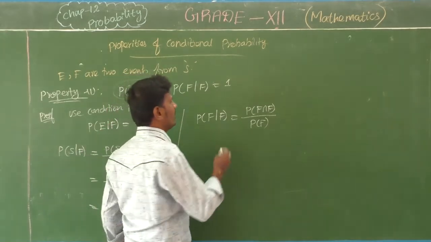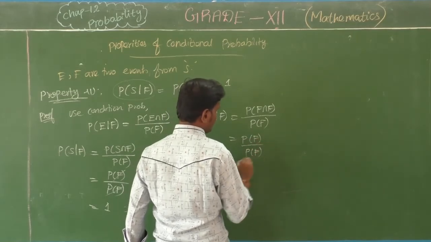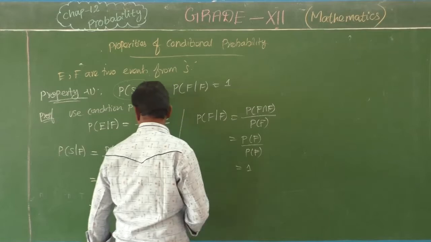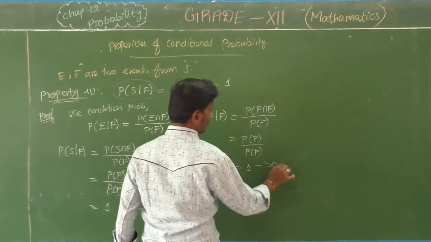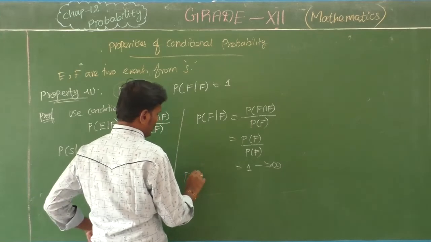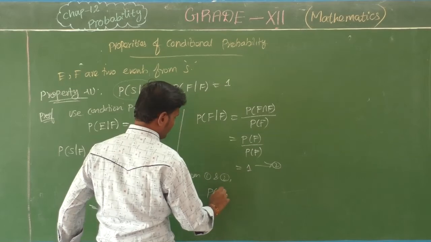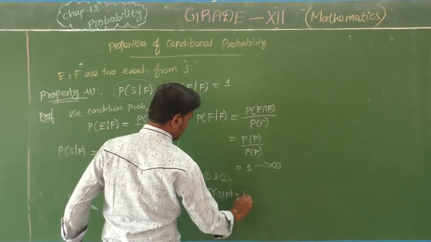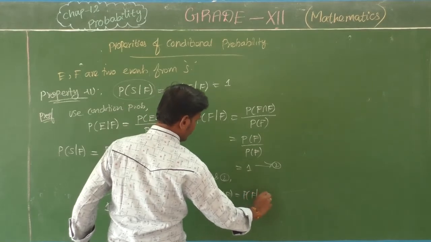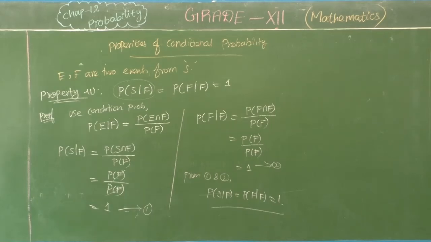F ஒன்லிப்பா. ஓகே நவ் P of F divided by P of F, ஸோ த ஆன்சர் இஸ் ஈக்குவல் டு 1. So this is equation number 1 and that is equation number 2. So from 1 and 2 what we have proved, tell me, that is P of S by F, which is equal to P of F by F, which is equal to 1. Okay, have you got it, children?